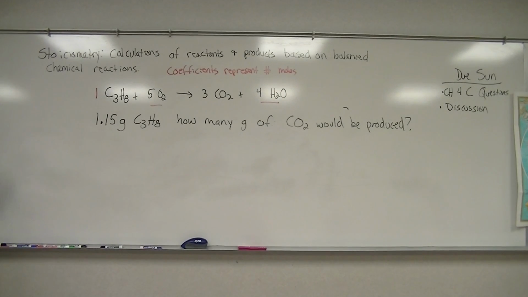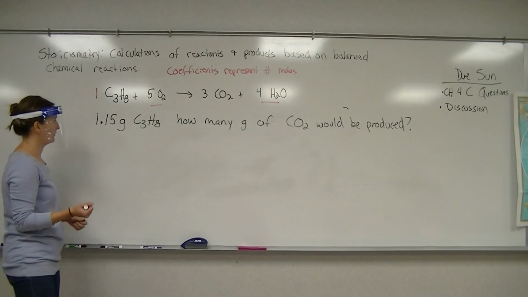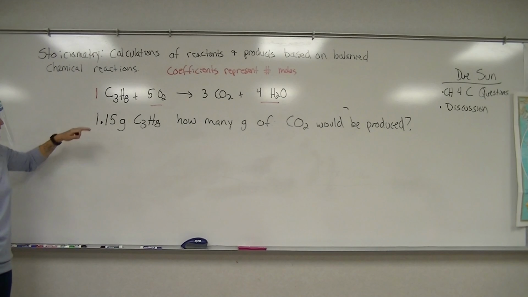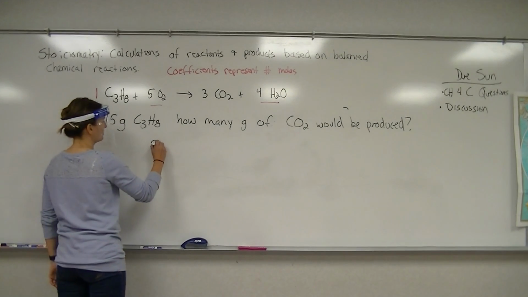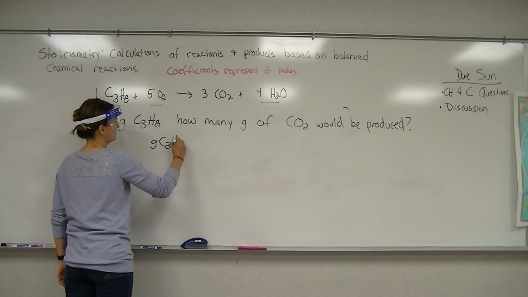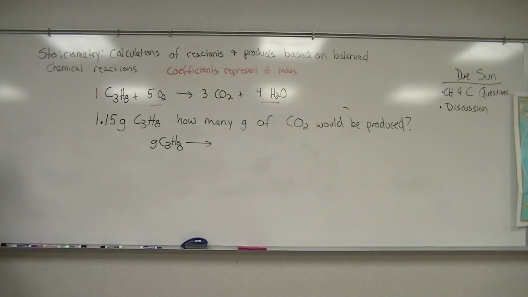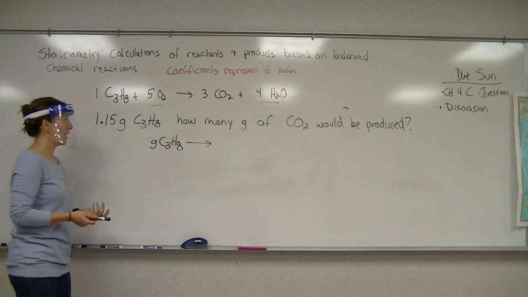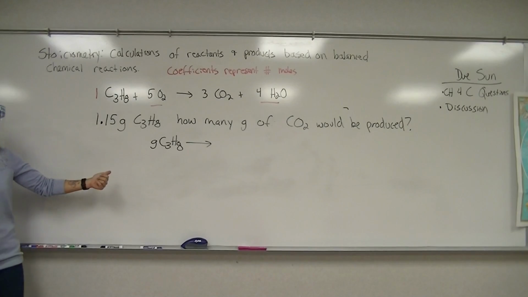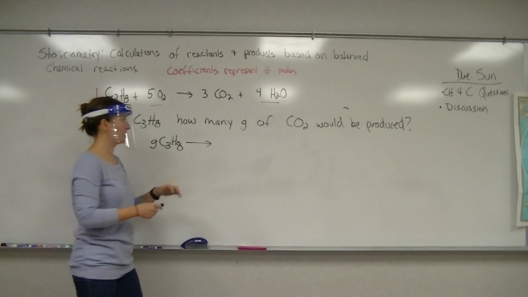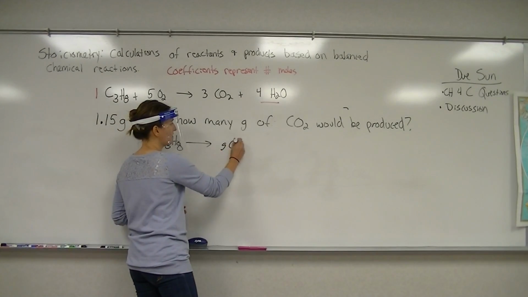So I'm going to start by writing my plan, and then I'll figure out all of the conversion factors that I need to solve. So what are we starting with? Grams of C3H8. So that's going to start my plan. Now, I want to get to grams of CO2, but I can't go from grams of C3H8 directly to grams of CO2.